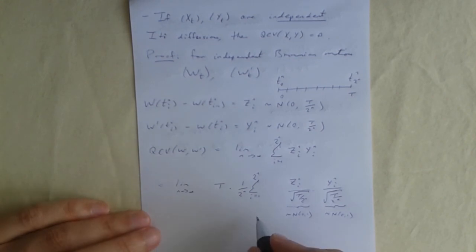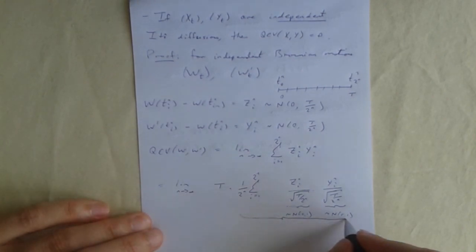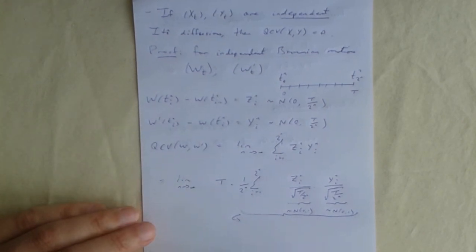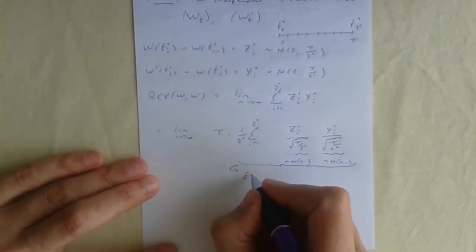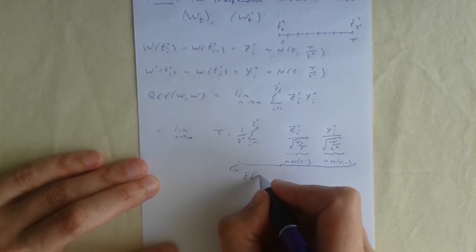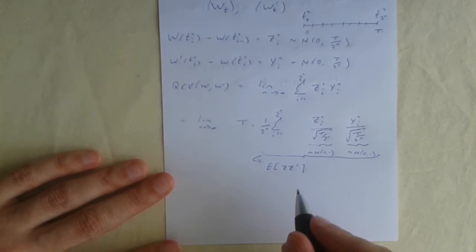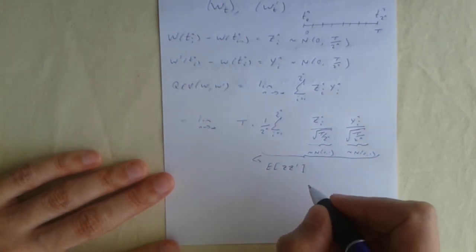So this whole sample mean should now converge to the expectation of Z times Z prime, where Z and Z prime are independent standard normals.